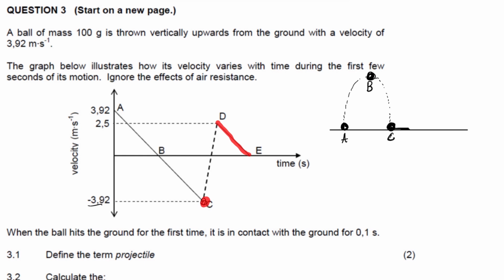So this is the velocity just before it collides, and it collides. And then it jumps up with a velocity of 2.5, which is positive. As you can see, it's going up. So in the graph, they already chose the direction for us.